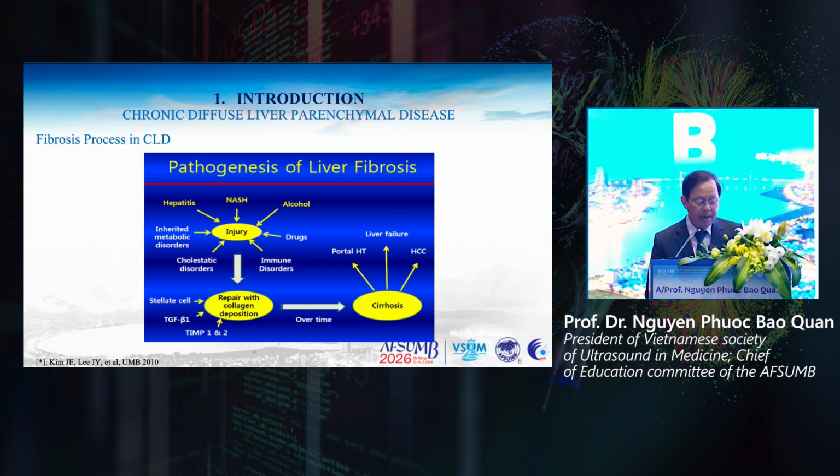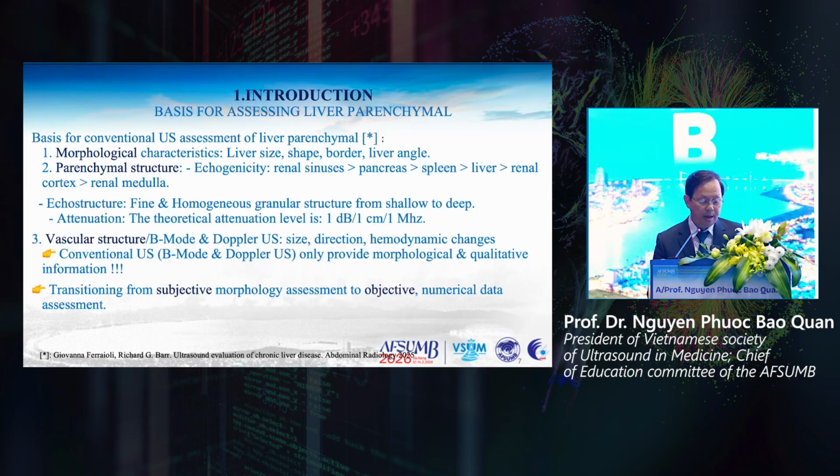This slide shows the progression to liver fibrosis in the many etiologies of liver disease. When the disease progresses to cirrhosis, we have complications including portal hypertension, liver failure, and a very important complication, the formation of HCC, hepatocellular carcinoma.